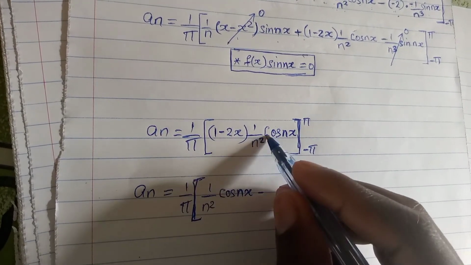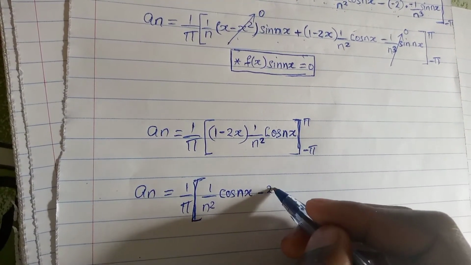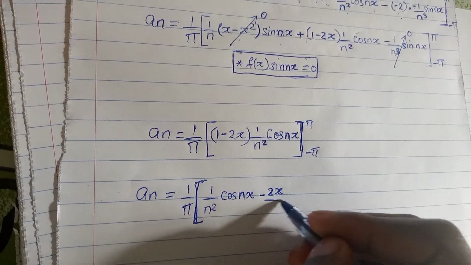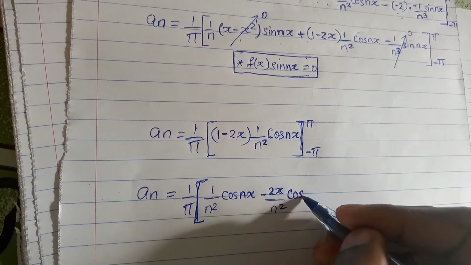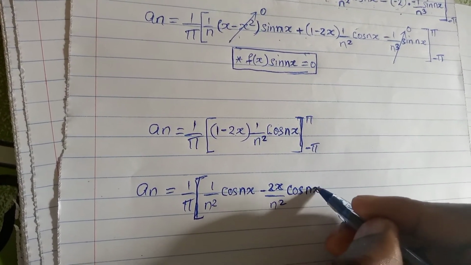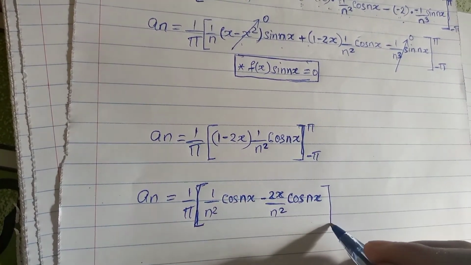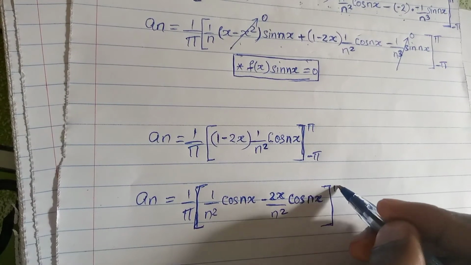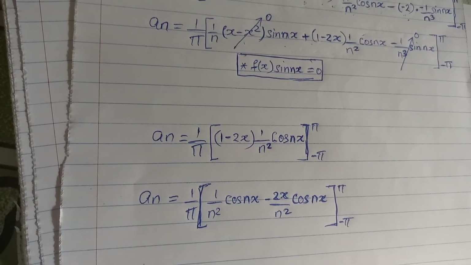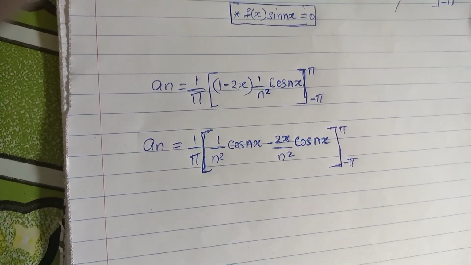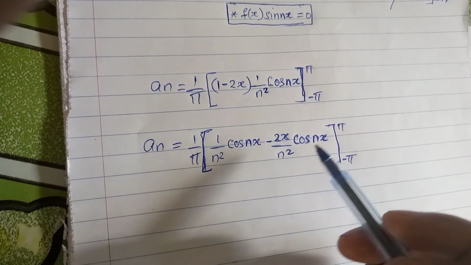We minus this one times this one, which will be negative 2x over n squared, minus 2x over n squared cos nx. We still have our interval, that is pi, negative pi. We move on.